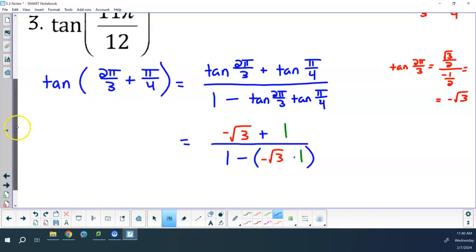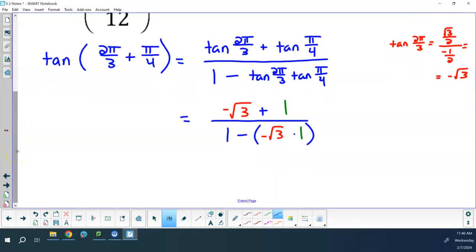Make the top look pretty: 1 minus the square root of 3. Make the bottom look pretty: 1 plus the square root of 3.